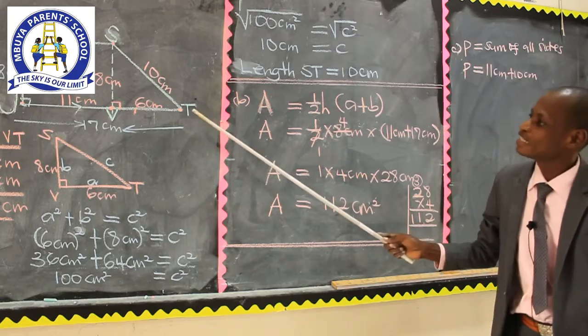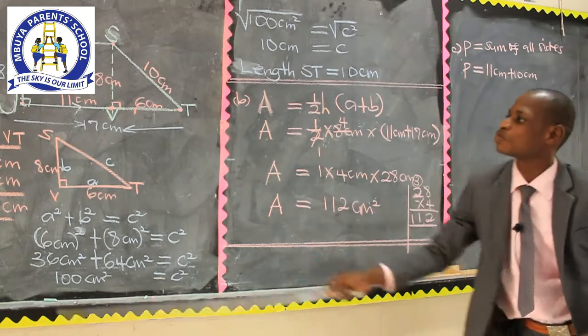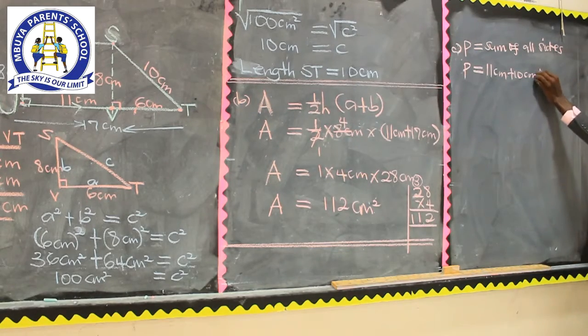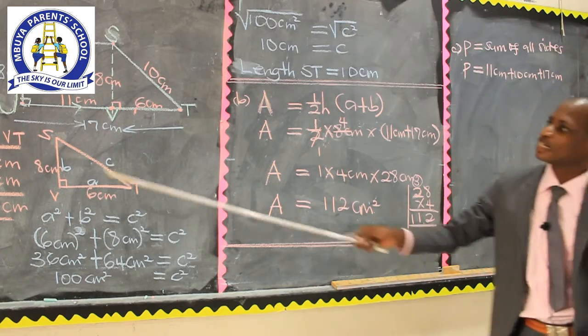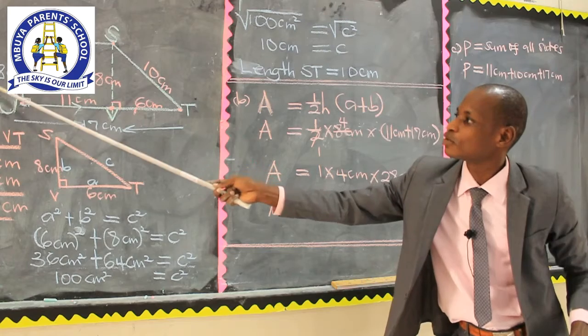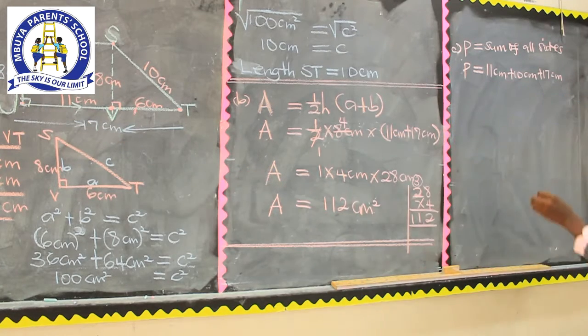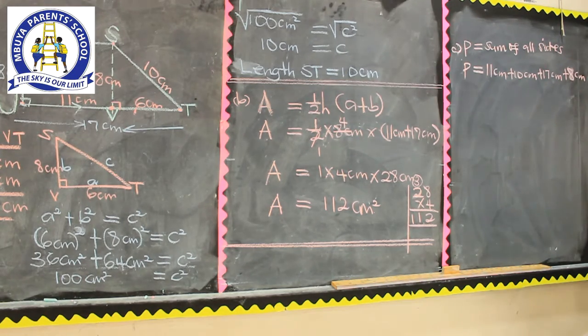We have the TU, which is 17 centimeters. And finally, the UR, which is 8 centimeters. So we are adding the 8 centimeters. So we have our 4 sides, 1, 2, 3, 4.